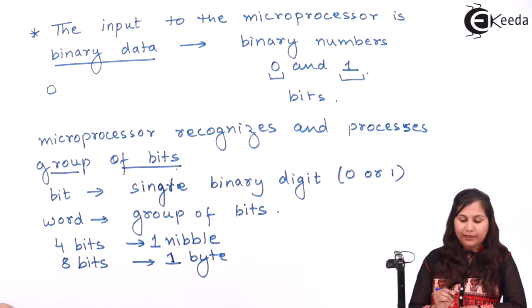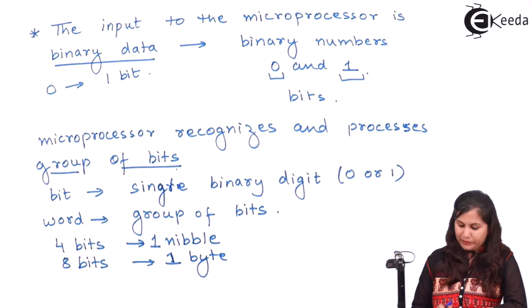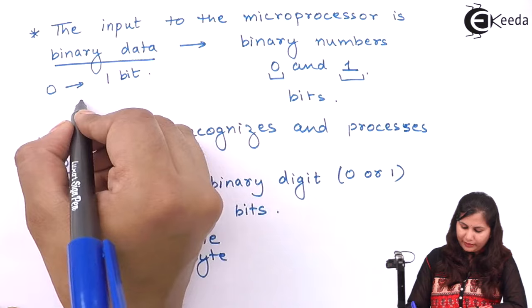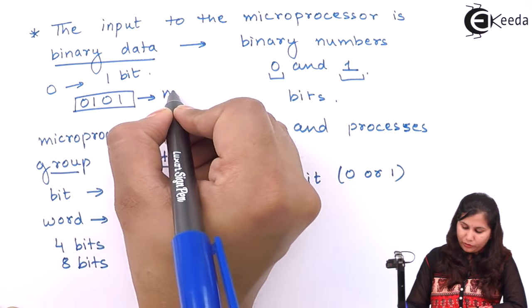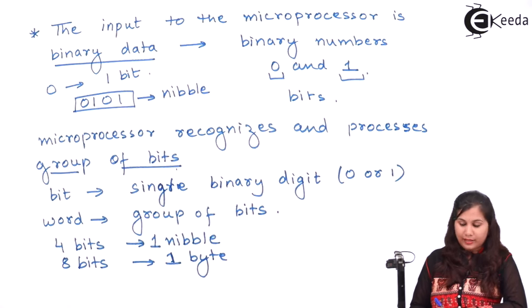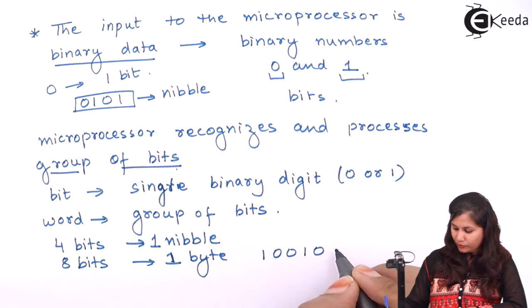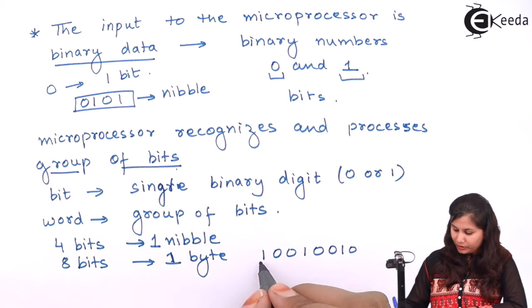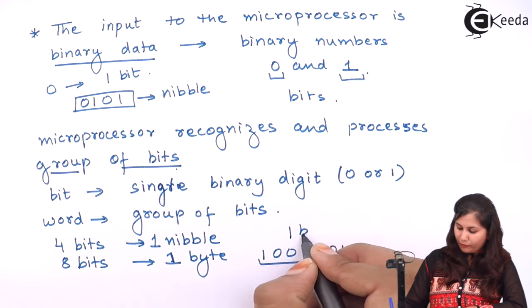If 0 is given as an input, then it is 1 bit given as an input to the microprocessor. If we have a combination of 4 bits, like 0, 1, 0, 1, these are 4 bits. Now these 4 bits combined form one nibble. Similarly, if we have a combination of 8 bits, like 1, 0, 0, 1, 0, these are 4 and 4, 8 bits. Now these 8 bits combined form one byte.